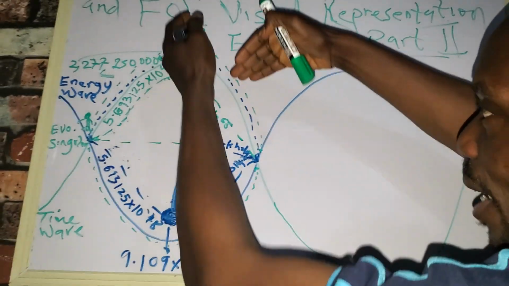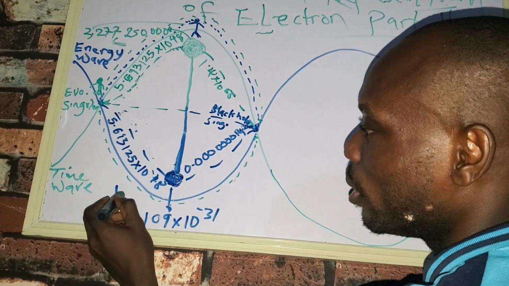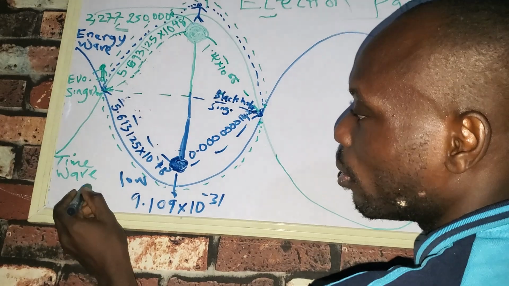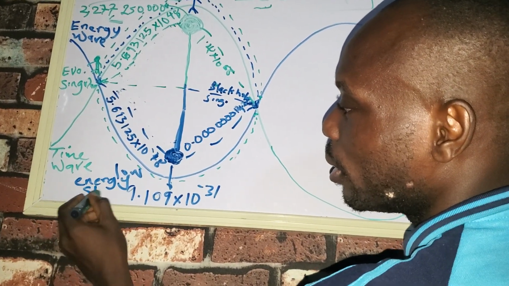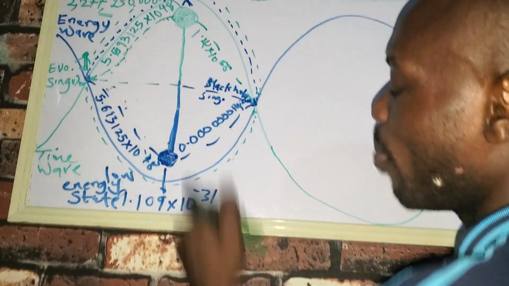So when we have this kind of situation where there is a low state of energy, when we have a low energy state, then we have convergence of mass.